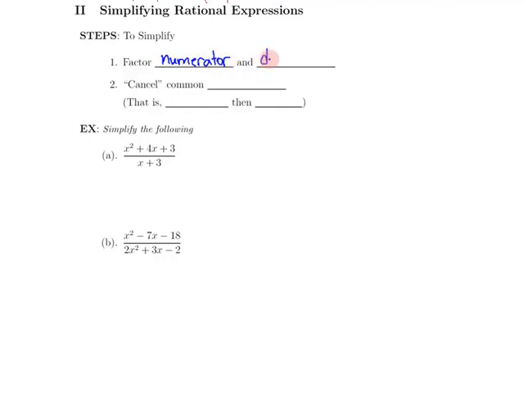You're going to factor the denominator. And then you're going to cancel out common factors. What you need to remember when you're simplifying is factor then cancel. By cancel, we mean they divide each other out, right? They're gone. You can kind of mark them out, basically.